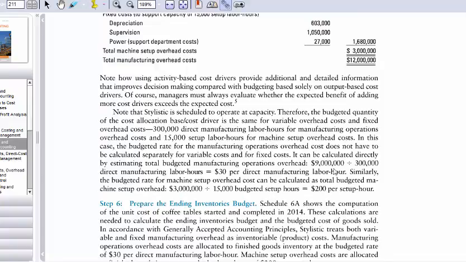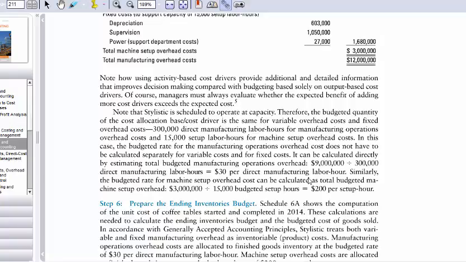In regards to our $9 million, we have $9 million in the operations, and we had 300,000 estimated direct manufacturing labor hours for the period, and that is $30 per direct manufacturing labor hour.